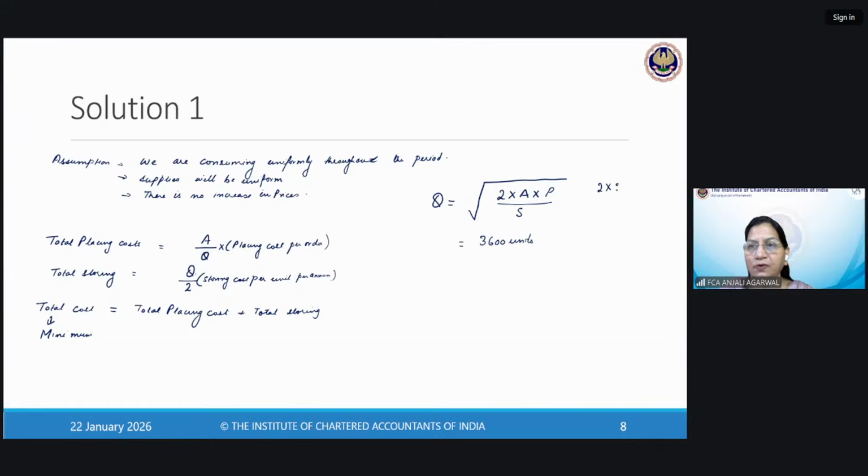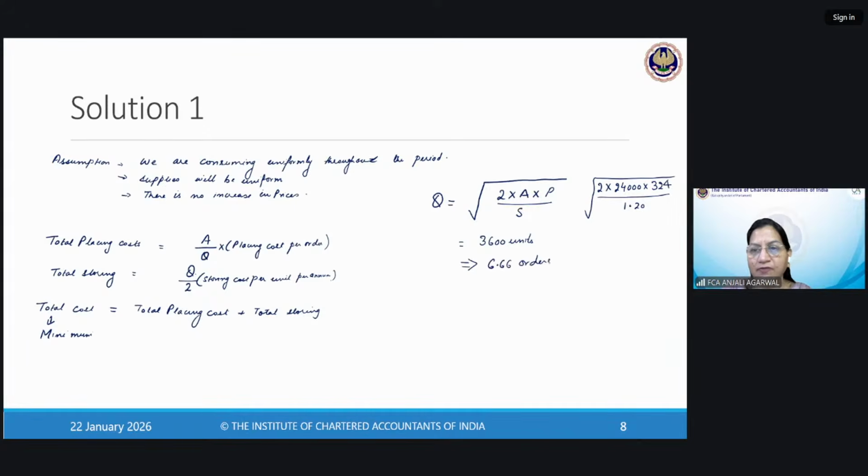2 into 24,000 into cost of placing an order, which is 324, and cost of storing 1 unit for 1 year is 1.20, and under the root. So you will place 3,600 units, that's the answer. Though it implies that you are going to place 6.66 orders.